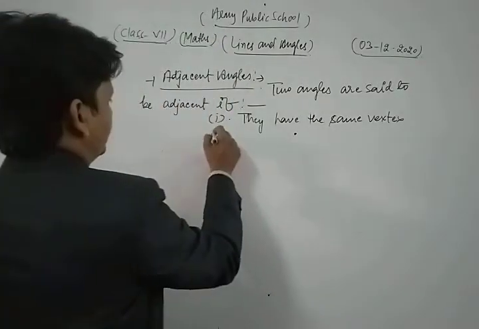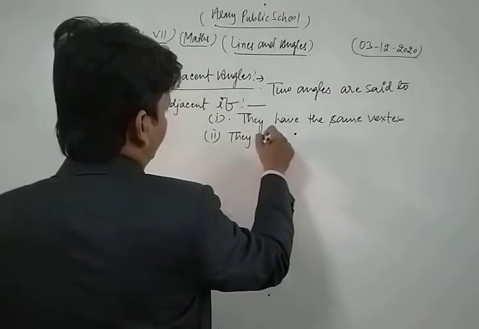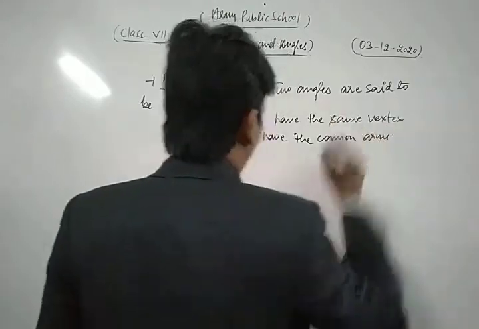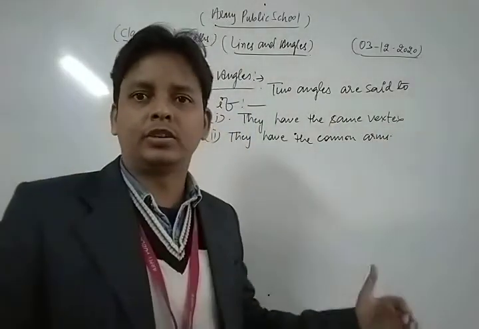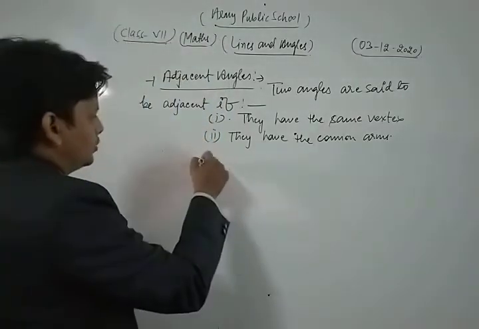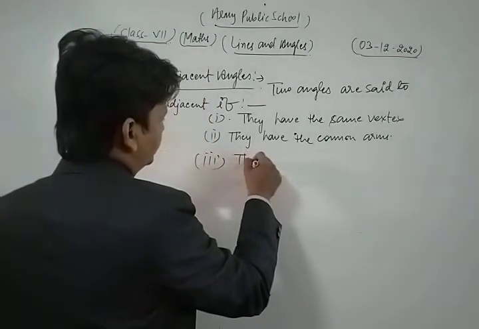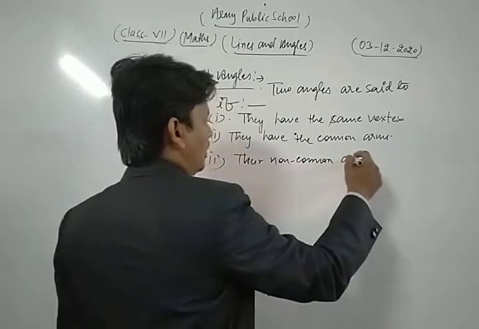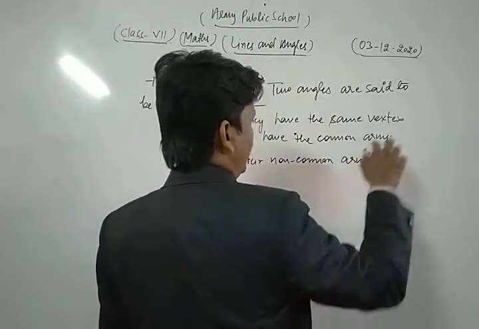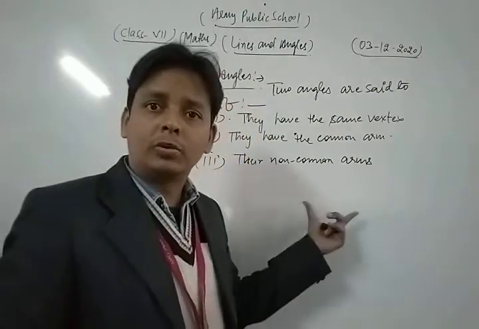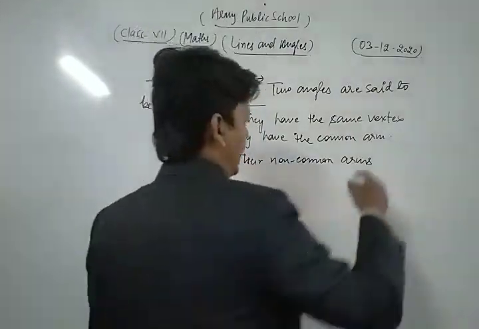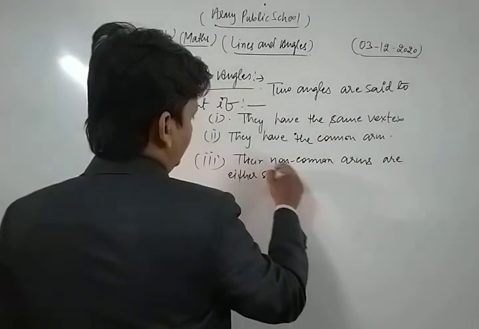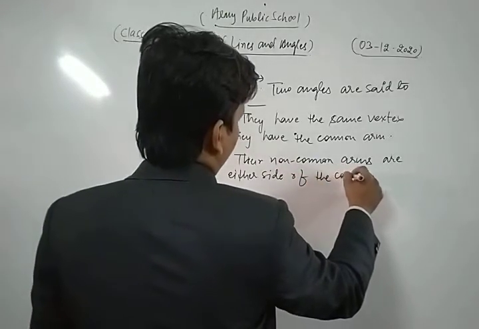Second, they have a common arm. And third, their non-common arms are opposite, on either side of the common arm.